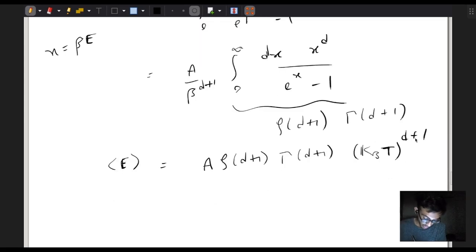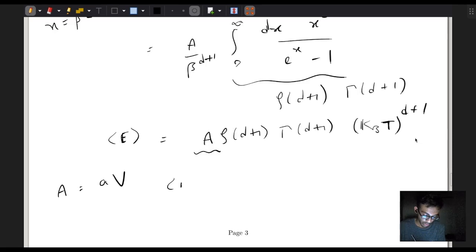Importantly, this A is a quantity which depends on the volume. In particular, it is proportional to the d-dimensional volume of the system. So A is some little a times capital V, the volume.